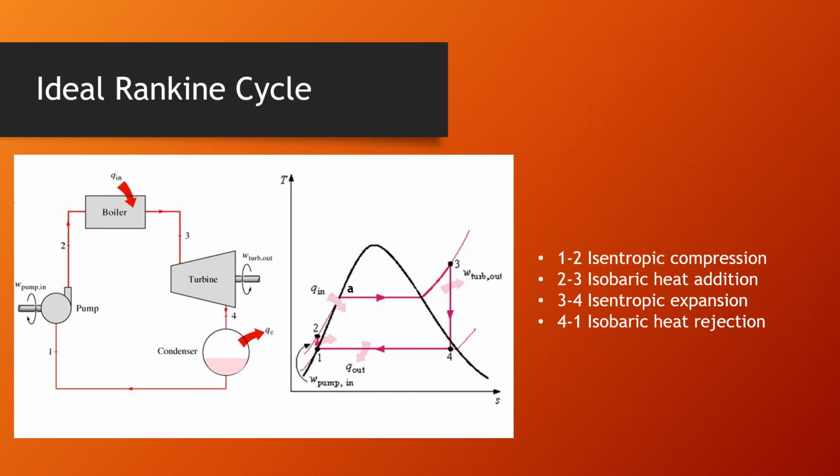Let's talk about the ideal Rankine cycle. An ideal Rankine cycle would have a pump, a boiler, a turbine, and a condenser.